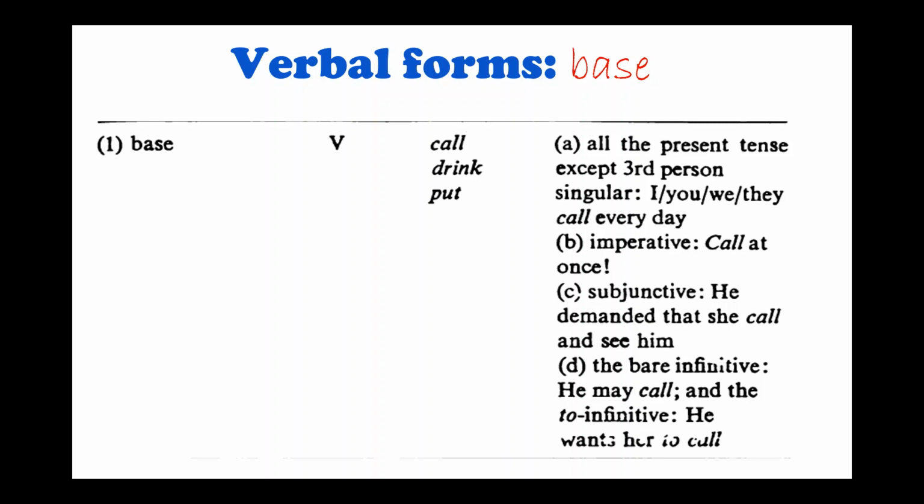So look at the example. We can say, I call every day, you call every day, we call every day, they call every day. In all of these sentences, with these different subjects, we use the verb in its base form without any addition.